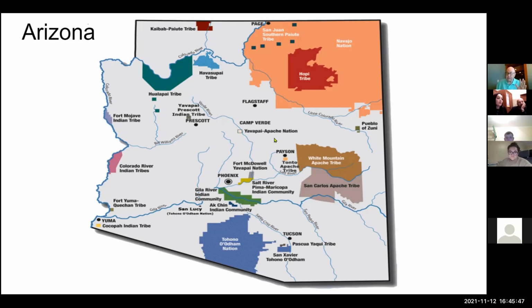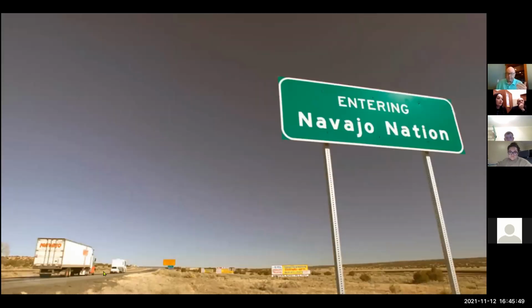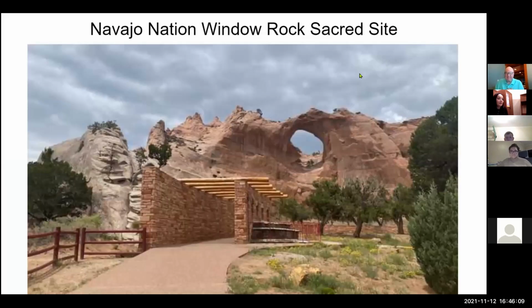So what you tend to see as you drive on the big American highways, you see a sign, and instead of it saying, you're in Arizona, it says, welcome to the Navajo Nation. Welcome to, you're now in a different place, even though you're in the state of Arizona. And some of these places in the West are sacred sites.